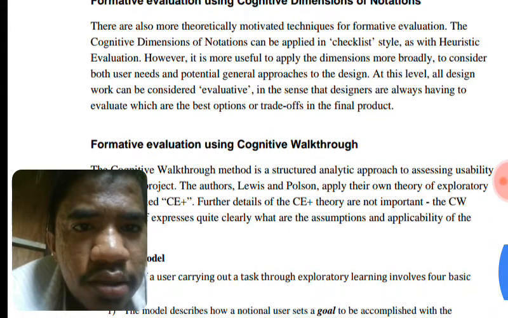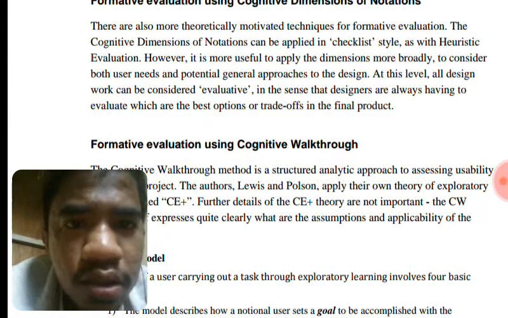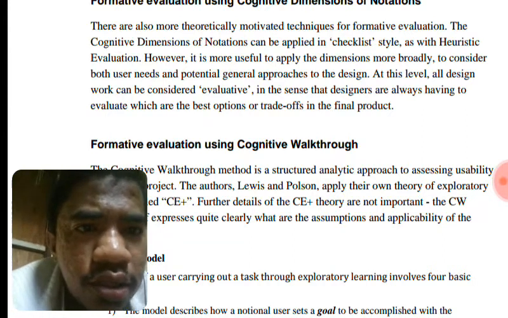Formative evaluation using cognitive dimensions of notation. There are also more theoretically motivated techniques for formative evaluation. The cognitive dimensions of notation can be applied in a checklist style, as with heuristic evaluation. However, it is more useful to apply the dimensions more broadly, to consider both user needs and potential general approaches to the design.